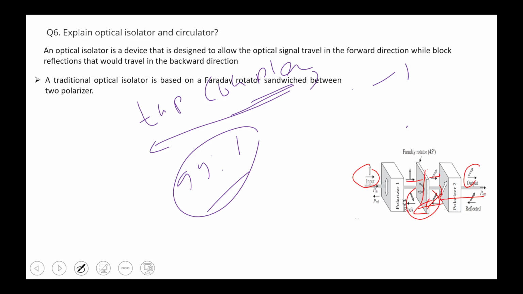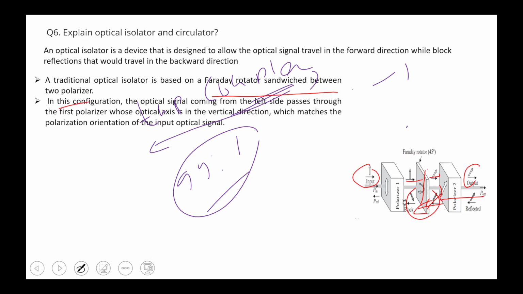A traditional optical isolator is based on a Faraday rotator sandwiched between two polarizers. In this configuration, the optical signal coming from the left side passes through the first polarizer, whose optical axis is in the vertical direction.